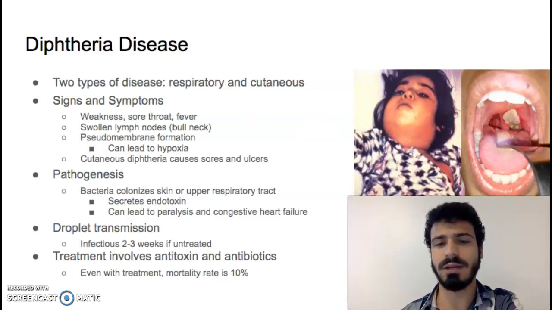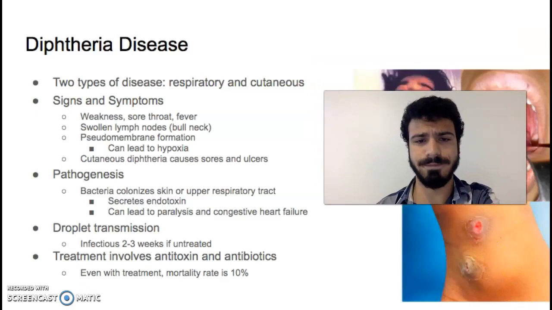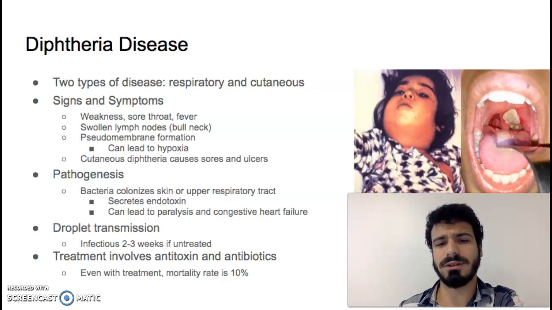And cutaneous diphtheria causes sores and ulcers, as you can see in that picture down there. And the pathogenesis of diphtheria: the bacteria colonizes the skin or the upper respiratory tract, and it secretes an endotoxin, which I described previously, and that leads to cell death and can lead to the pseudomembrane formation.